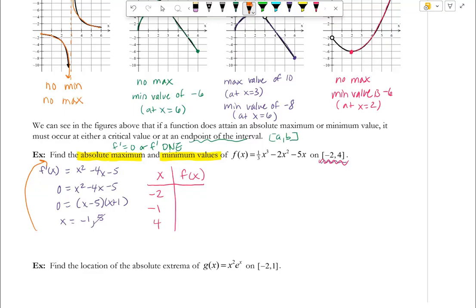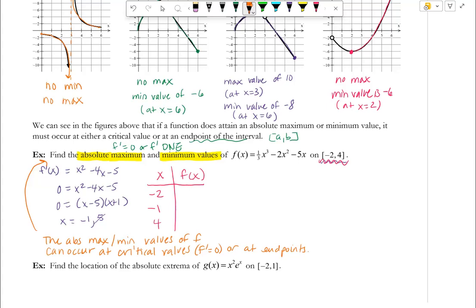So what I'm going to encourage us to say here is really what we know from the extreme value theorem is that the absolute maximum and minimum, so I'm going to write max/min, values of f can occur at critical values, and in this case, that's where f prime equals 0, or at endpoints.